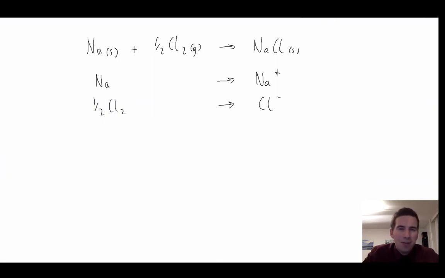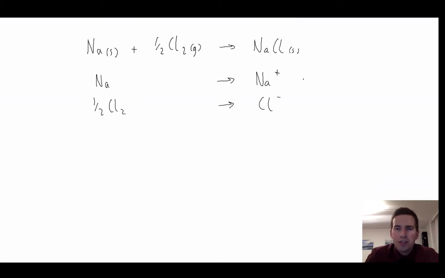Now the sodium atom is becoming what is known as a sodium ion. An ion is just a charged particle. Now the chlorine is becoming a chloride ion. So we have one positive ion, one negative ion. Okay, so how do you go from a neutral atom to a positive ion?